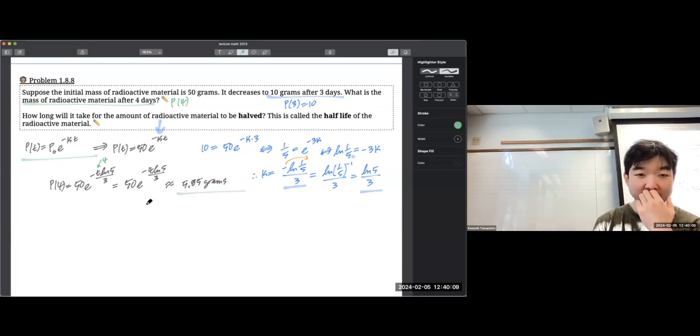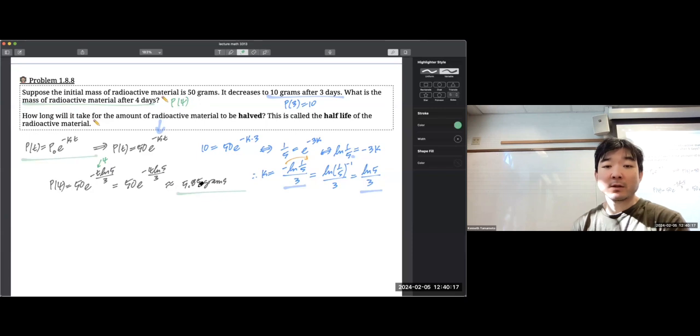So initially you have 50 grams, but after 4 days, you're only going to have 5.85 grams because a lot of it decays.